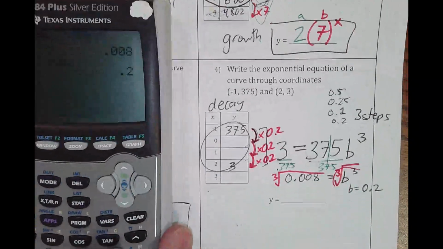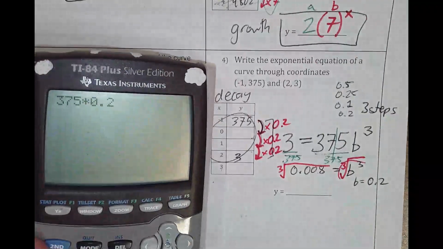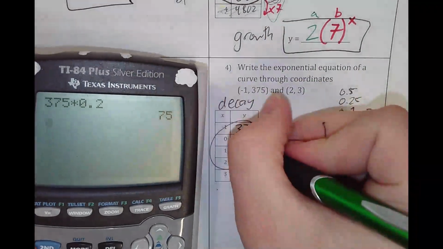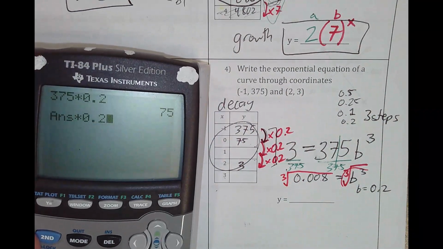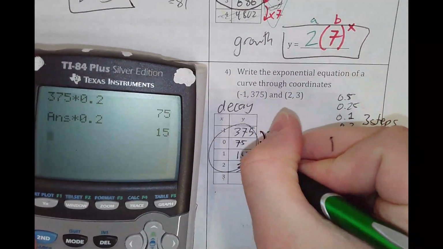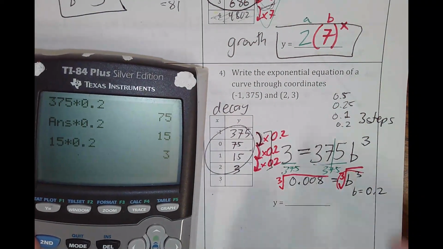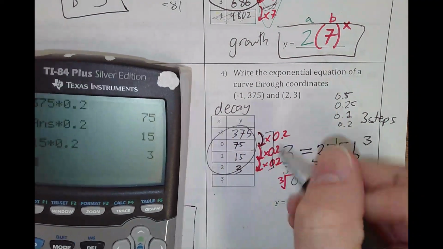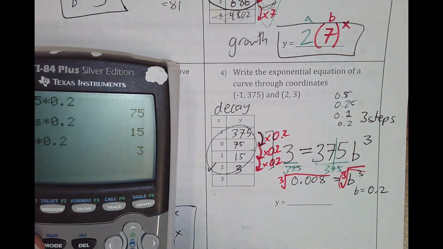So let's just test it, make sure it works out. 375 times 0.2 is 75. 75 times 0.2 is 15. And 15 times 0.2 is 3. That checks out.